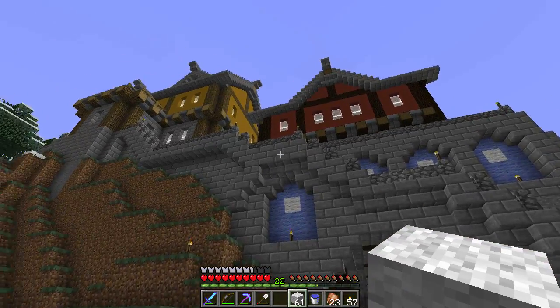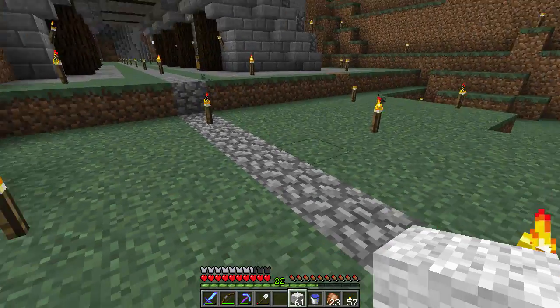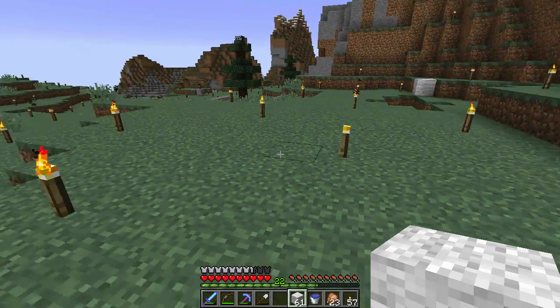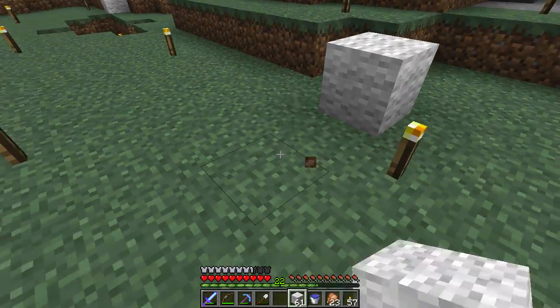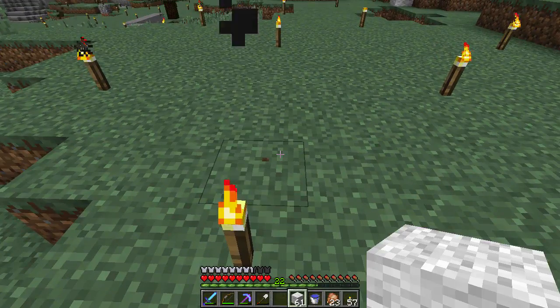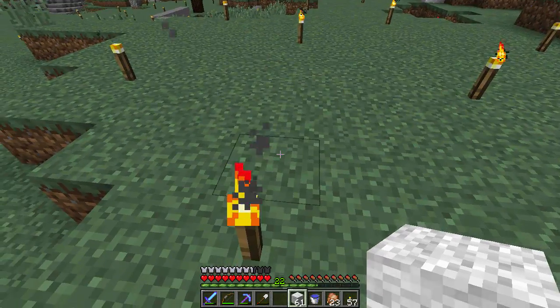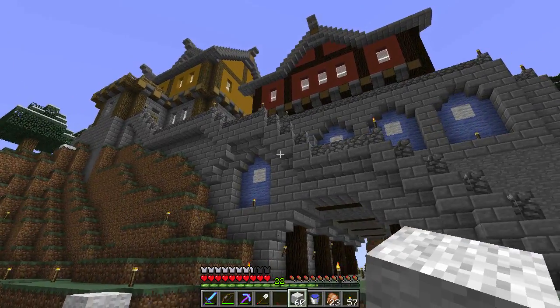So I want to stay about the same size as these guys for the ones that are right near here, and then they'll get progressively smaller as we move away. 1, 2, 3, 4, 5, 6, 7. And they could be a little bit smaller than what we have up there.